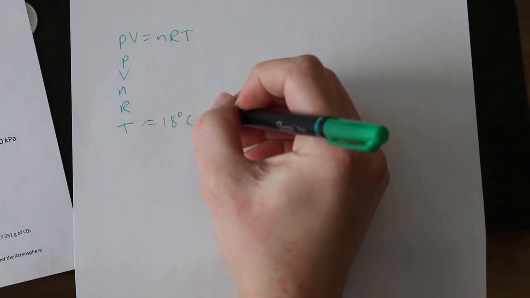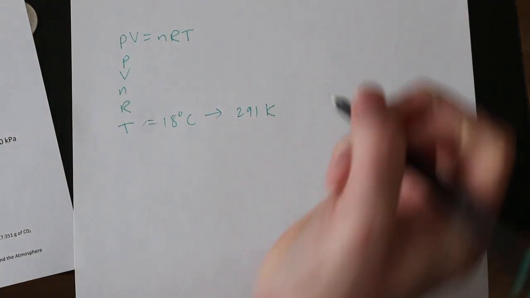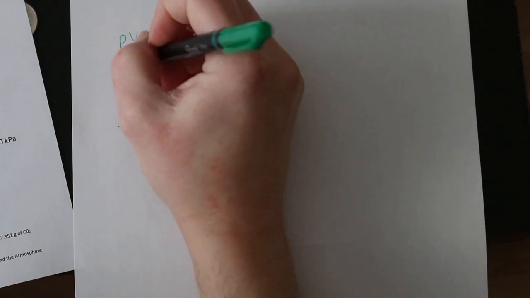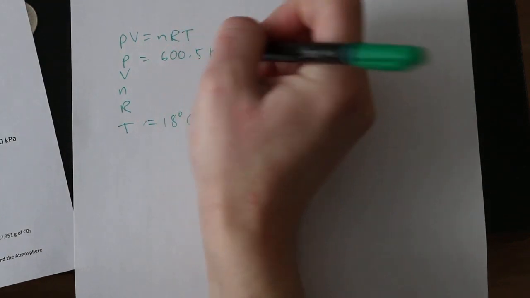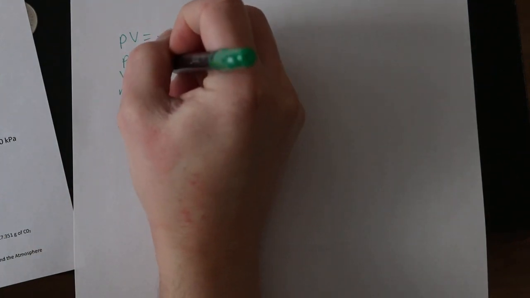So remember, to convert degrees Celsius to Kelvin, we add 273. So 18 plus 273 is going to give us 291 Kelvin. Okay. Our pressure is given in kilopascals. So we'll put that as 600.5 kilopascals. Our volume is what we're trying to find. So we'll put a question mark.